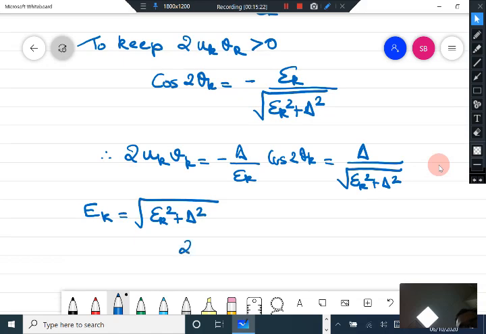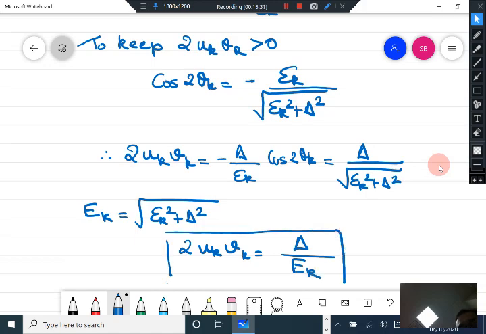Then twice of uk into vk is delta by capital Ek. So these are some very important expressions which keep on coming up. This is an expression equivalent to the joint probability. uk is the probability that the state is vacant, and vk is the probability that the state is occupied.